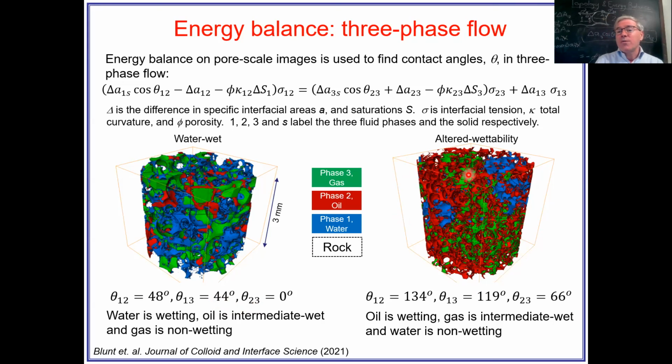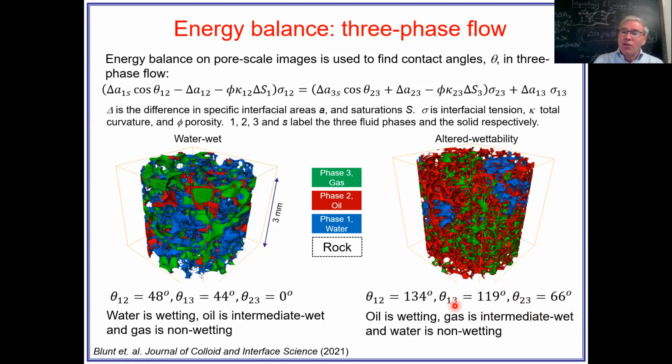But when we alter the wettability, we find that the oil water contact angle is now well above 90 degrees. We find that the gas oil contact angle is not necessarily 0, but still gas is non-wetting to oil. But this is the intriguing thing. The gas water contact angle is greater than 90.